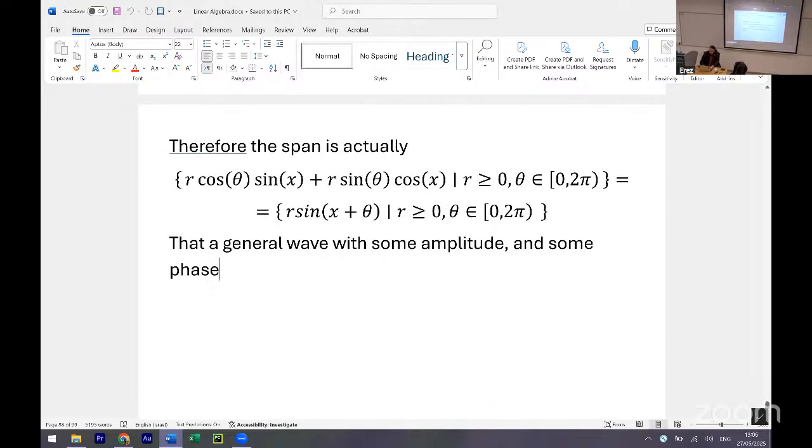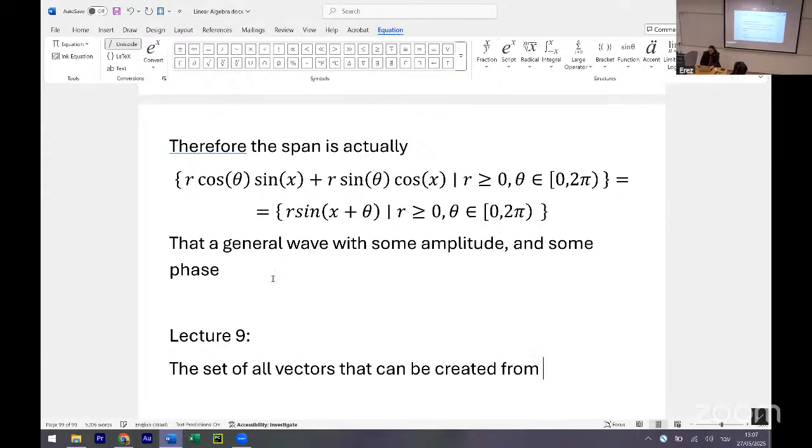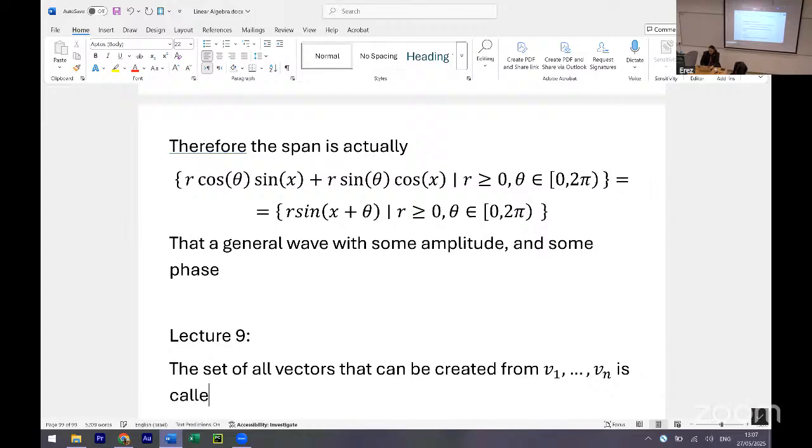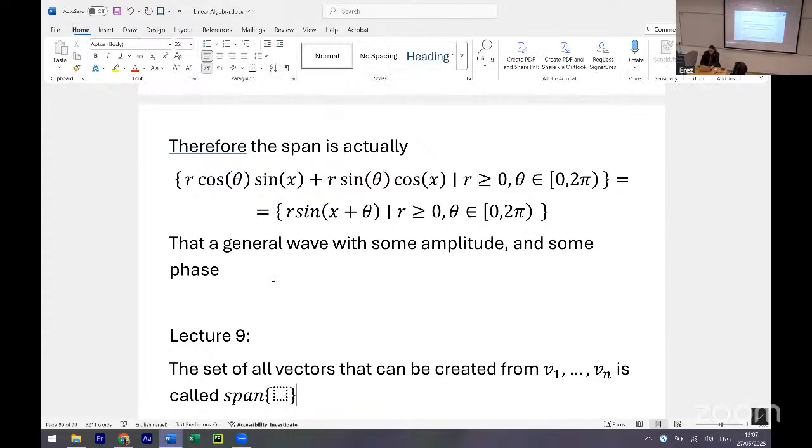The set of all vectors that can be created from V1 to Vn is called a span, the vector space spanned by V1 to Vn.